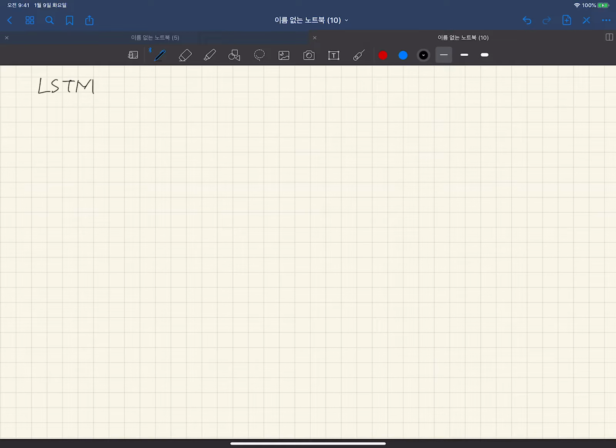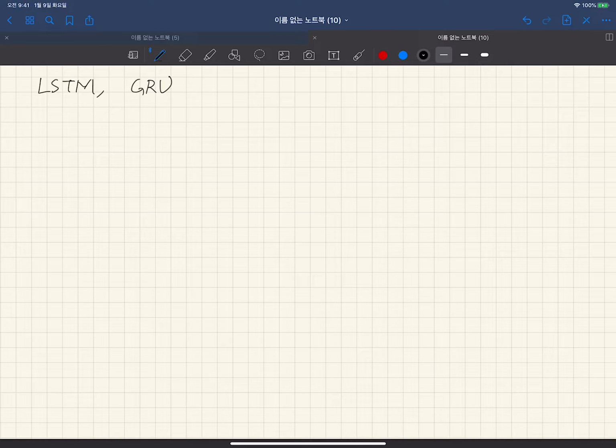LSTM and GRU are both very famous variants of the recurrent neural network. These architectures can solve the long-term relationship issue a little bit.